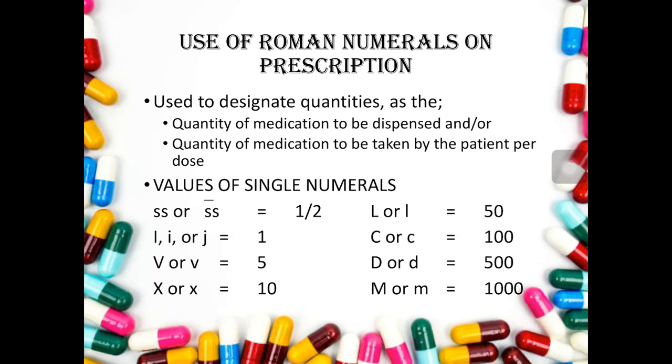Roman numerals are used to designate quantities, such as the quantity of the medication to be dispensed or the quantity of the medication to be taken by patients. These are the usual values of single numerals.